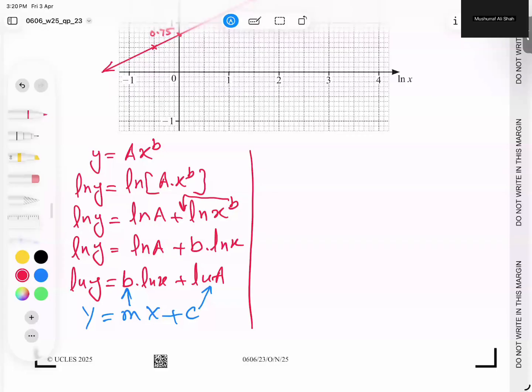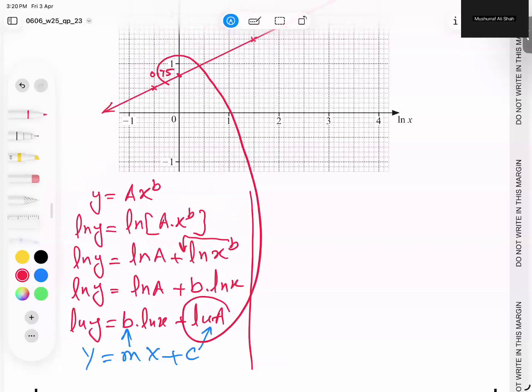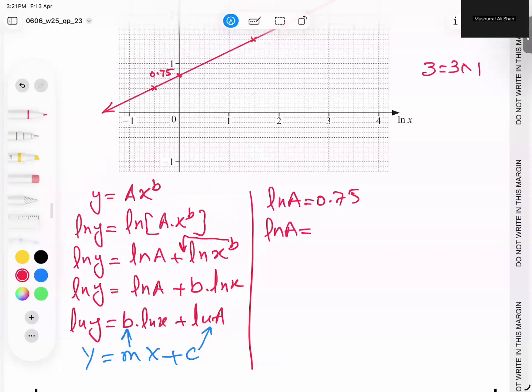Students, whenever you want to convert any number, for example 3, we can say 3 into 1, and we can replace this 1 by ln e, and 3 will go on the power. So any number you want to convert to log form, for example k, we can write ln e to power k.